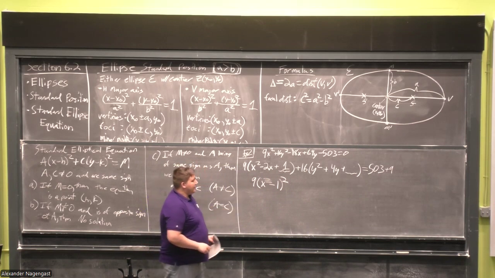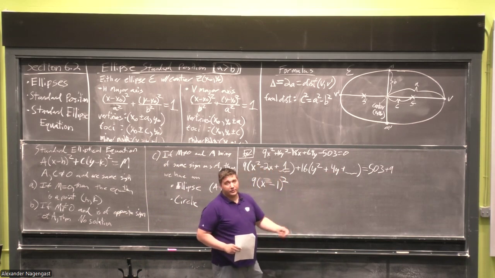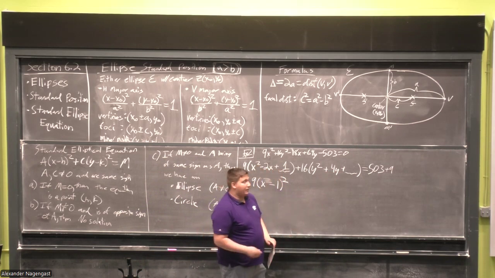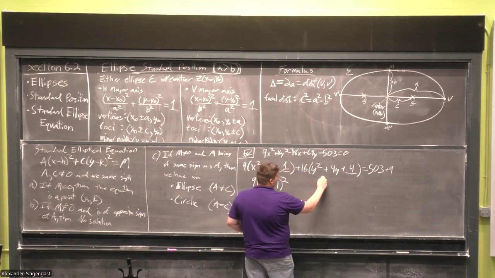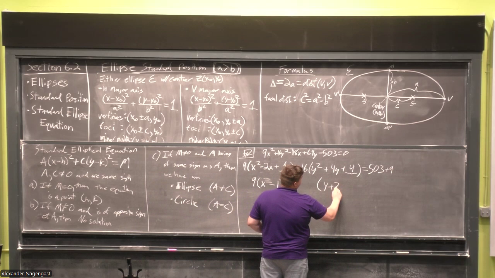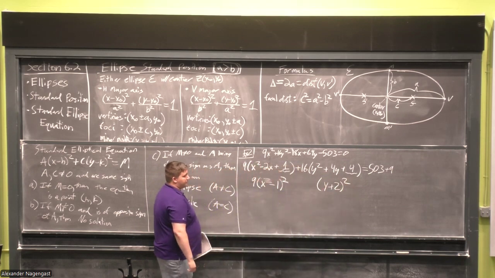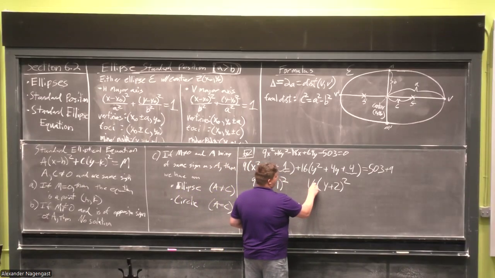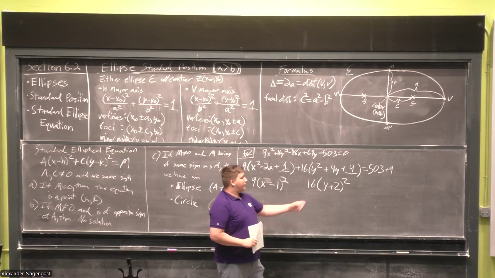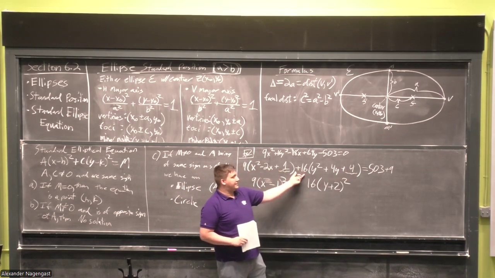So for the 16, we have 4y, 4 divided by 2 is 2. Square that and we get 4, so I'm going to put a 4 here. What does that reduce to? Well, y plus 2 quantity squared will get us this expression. So we have a 16 out front, so we can't forget that even though we have a 4 here, it was really 4 times 16.